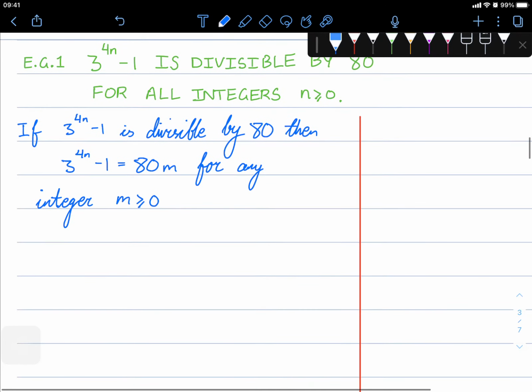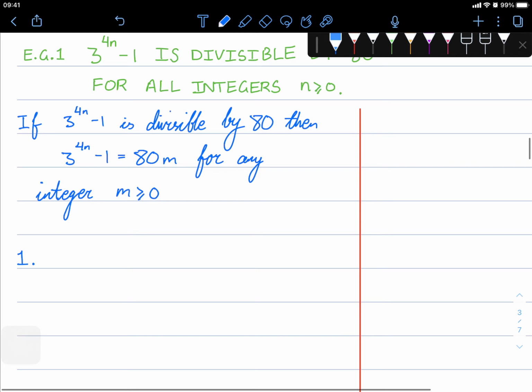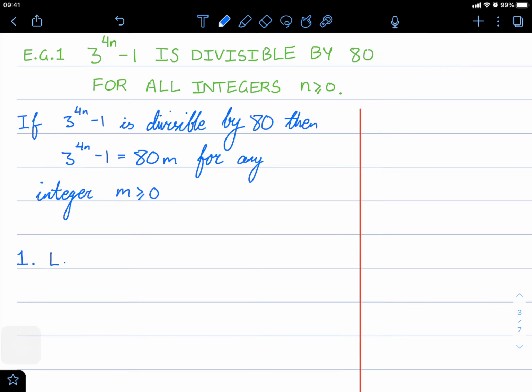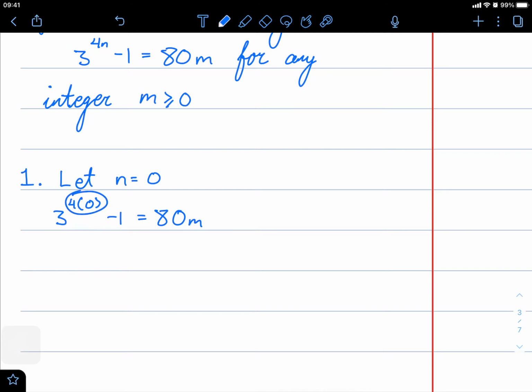So let's keep going. From here, the method looks a bit similar to the first set of questions. We always let n equal the smallest possible value in the given domain, so 0. 3 to the power of 4 times 0 minus 1 equals 80m. 4 times 0 is 0. 3 to the power of 0 is 1, minus 1.